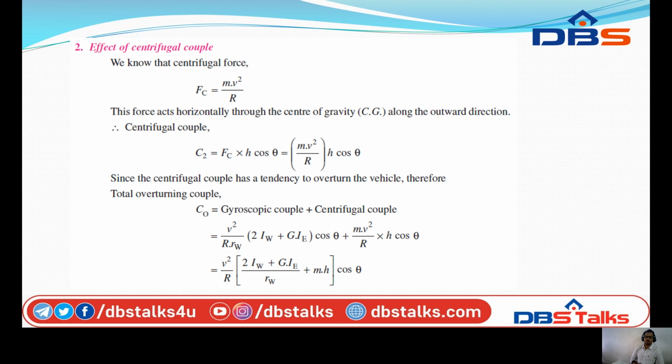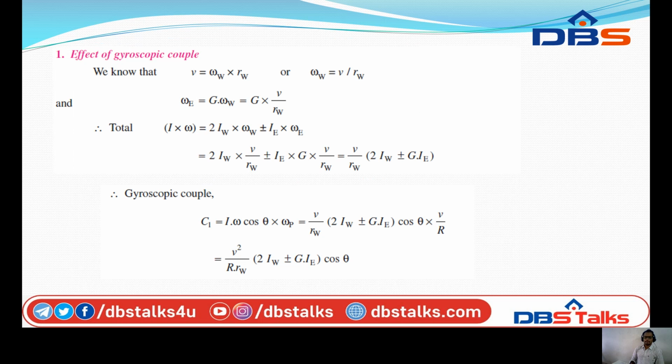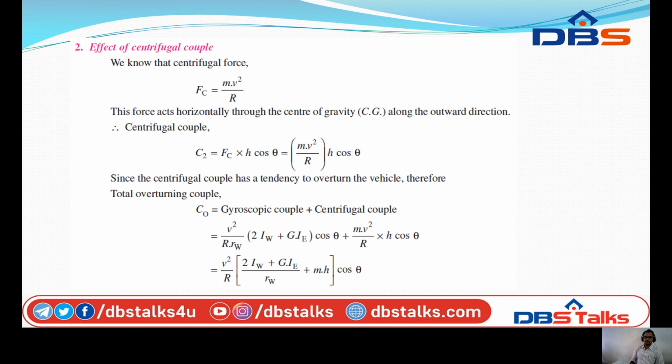By substituting the previously obtained C1, that is V square by R RW into 2IW plus G IE, and this C2, and combining C1 and C2, we get V square by R into 2IW plus G IE by RW plus m h, into cos theta.